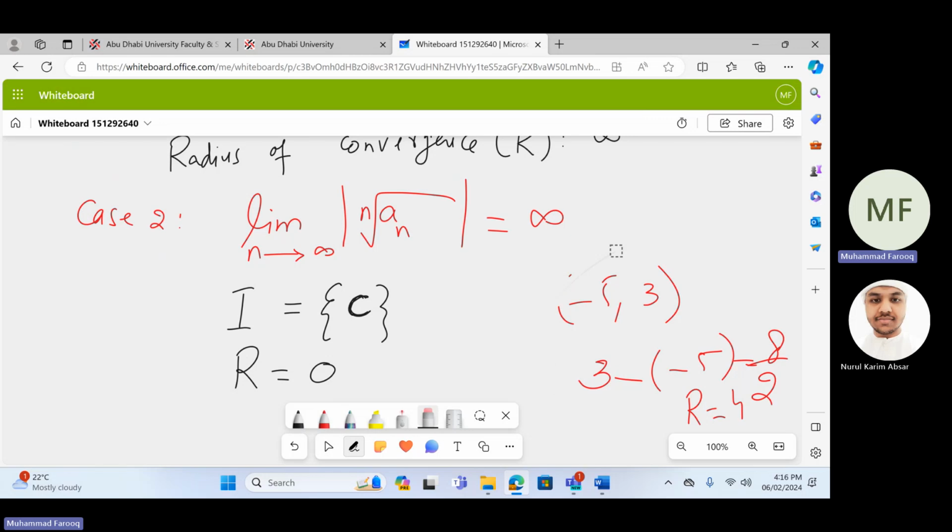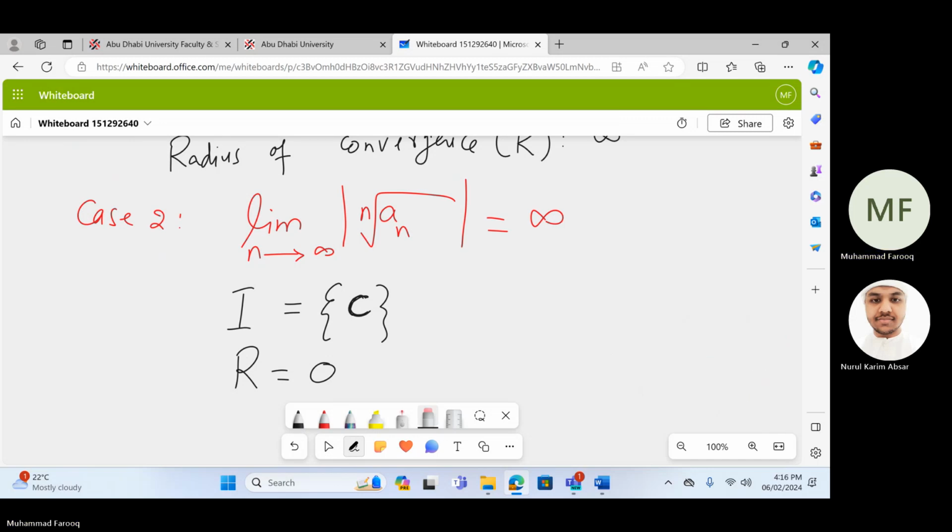So please, these are two cases whose rules are fixed for I and R. Do you understand these two cases?